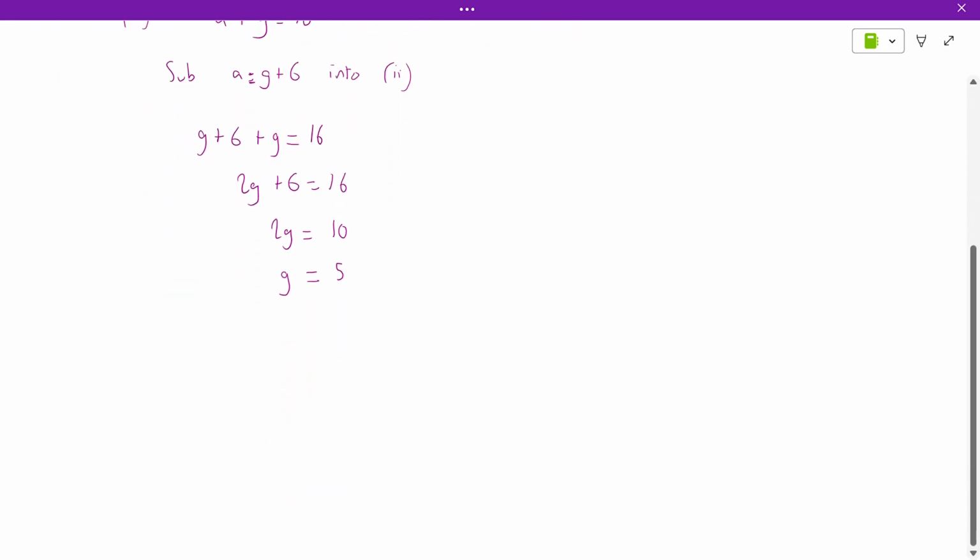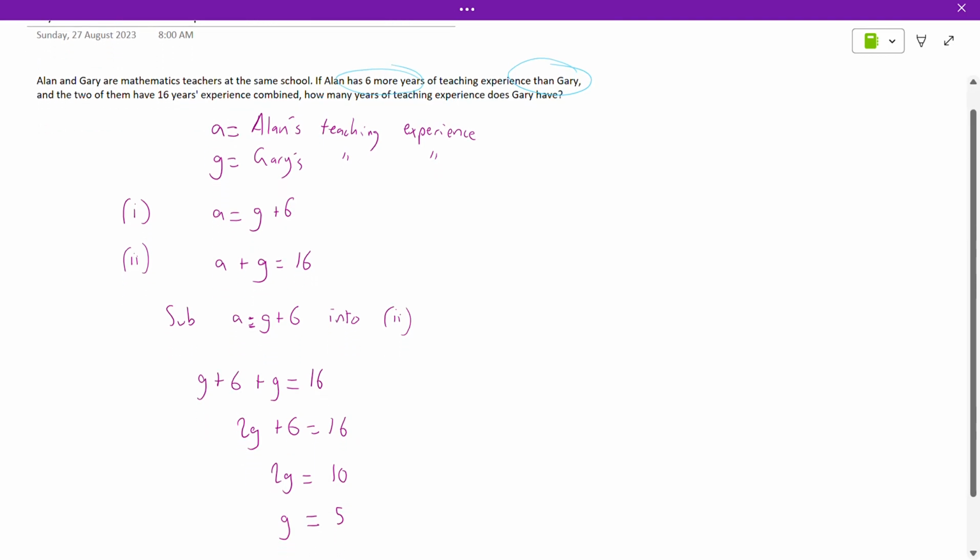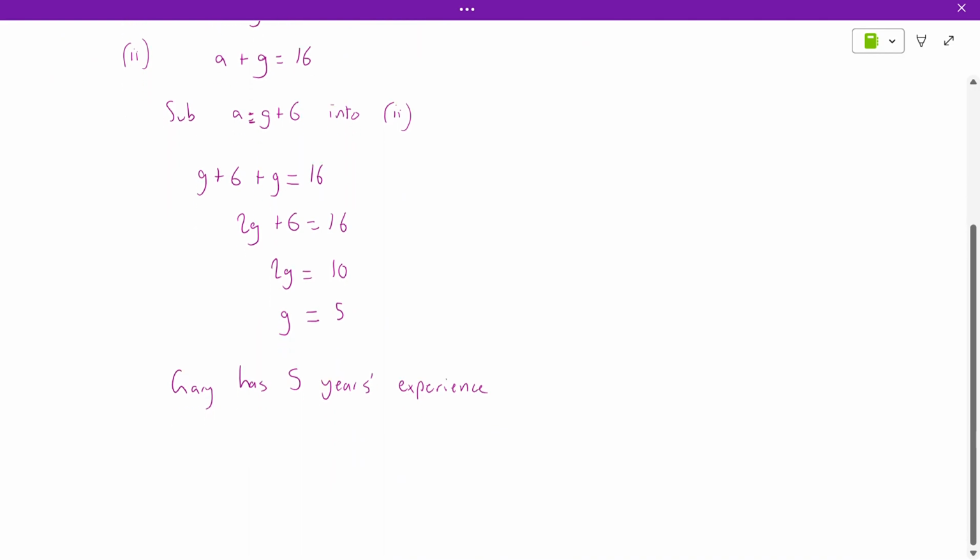And we can check this. If Gary has 5 years worth of teaching experience, then right back at our start, Alan should have 6 more years than Gary.